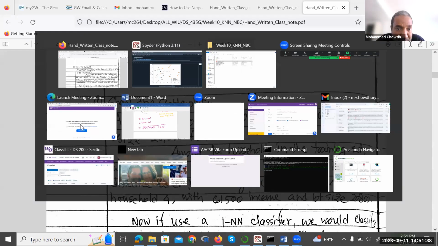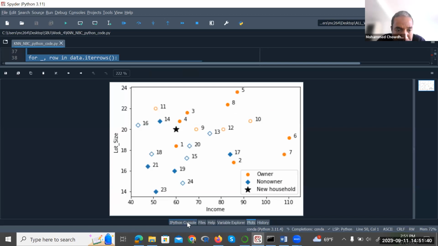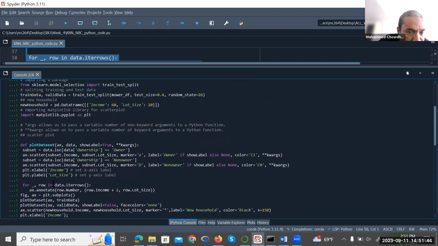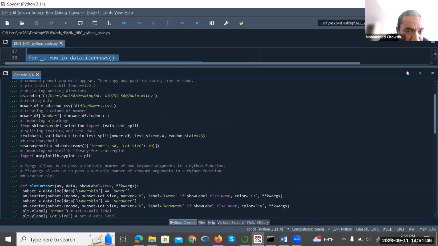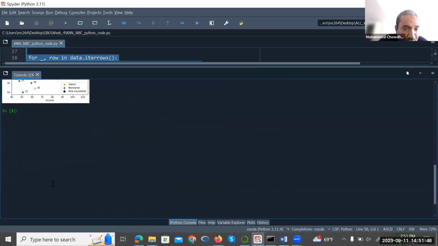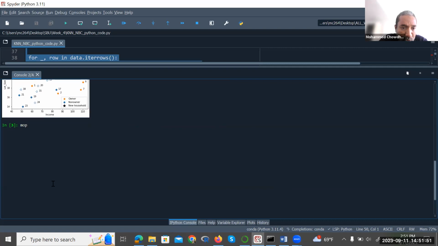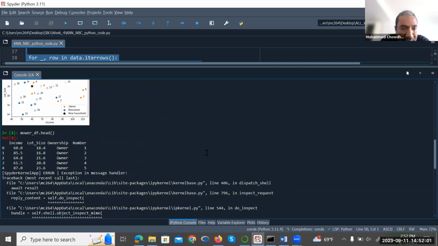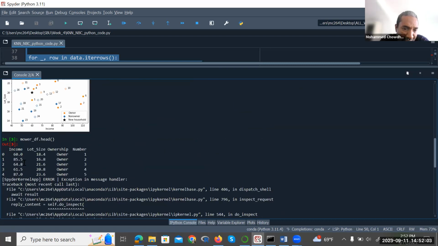In IPython, after reading the data, this is called mower_df. So mower_df.head shows the data. In this data, I have income, lot size, and ownership.